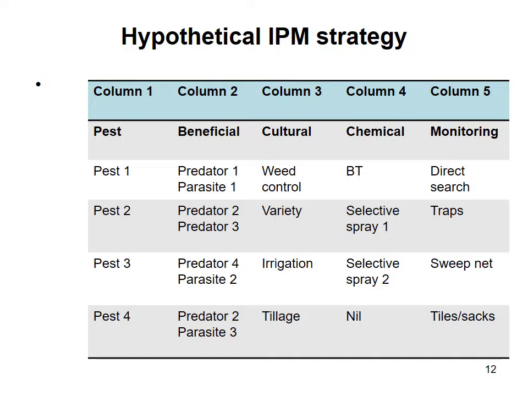So the first step is to identify the range of pests, and this probably won't be known until the broad spectrum pesticides are withdrawn, but there will be local knowledge. Some will be more important than others, so it's worth categorising the pests as major pests or minor pests, and either regular or infrequent pests.